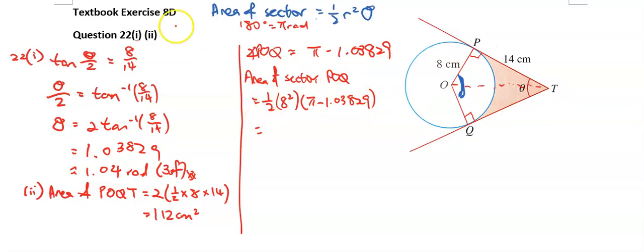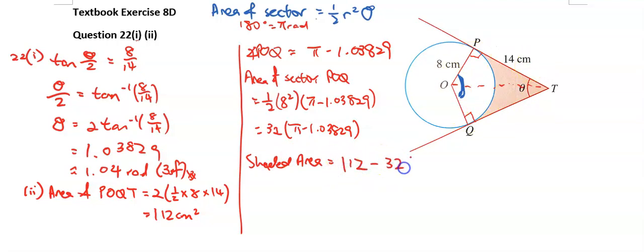Maybe we can leave it like this. 8 squared is 64, 64 divided by 2 is 32, times pi minus 1.03829. So in our last step, the shaded area equals the area of the whole quadrilateral, 112, minus 32 times pi minus 1.03829.